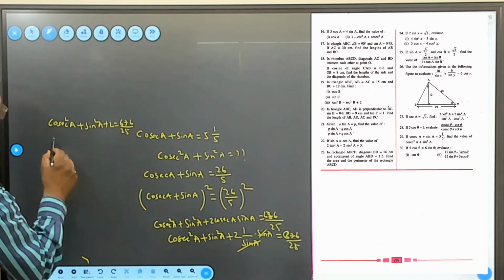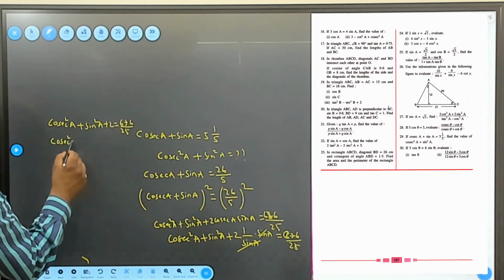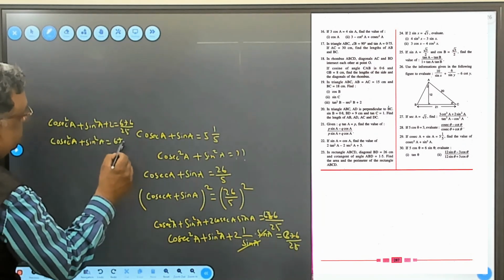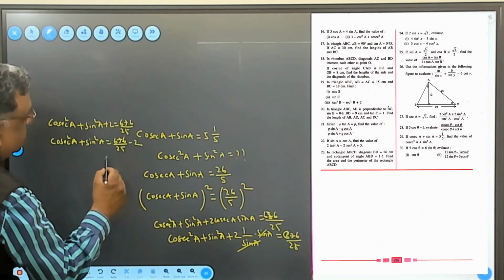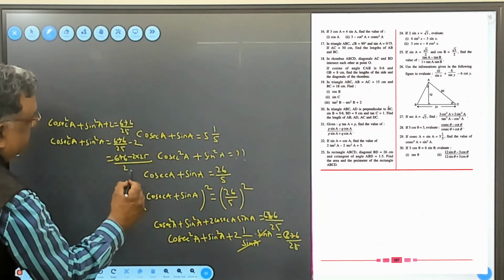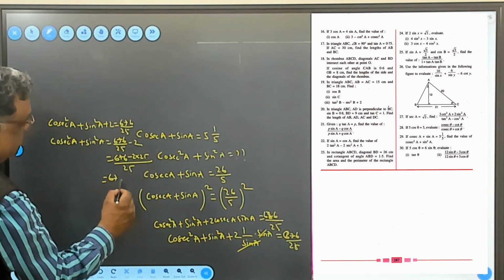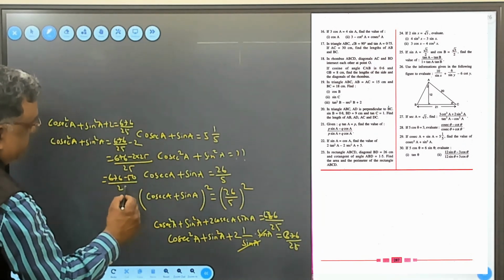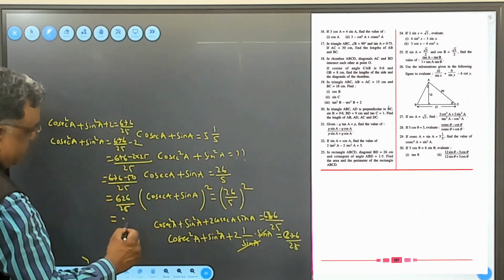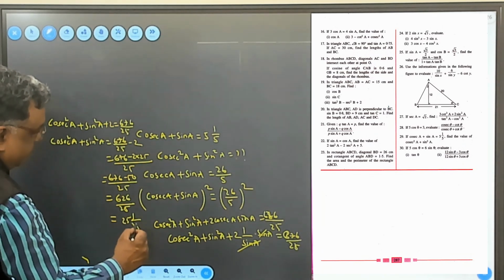I will take 2 on that side, which will give me the value of cosec square A plus sin square A, which will be 676 upon 25 minus 2, which is 676 minus 2 into 25 upon 25, which is 676 minus 50 upon 25, which is 626 upon 25, which can be written as a mixed fraction as this is the answer.